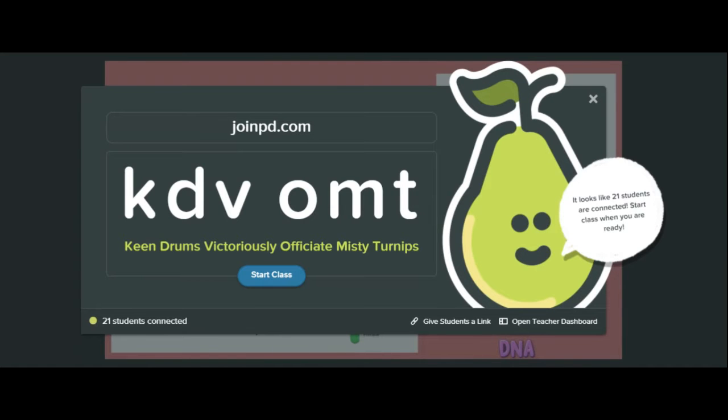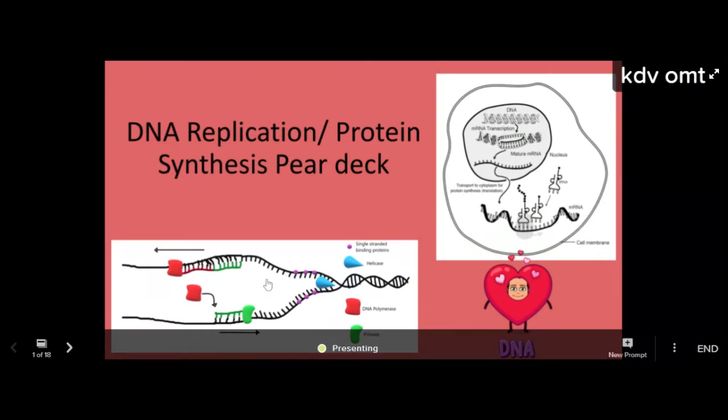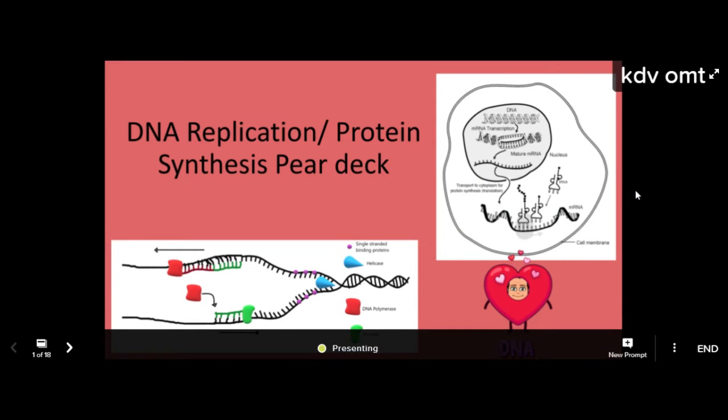Okay, guys, so now we're going to do a little bit of protein synthesis. Woo! DNA and DNA replication, sorry. Right down here on the left, what you're seeing in this lower picture is DNA replication.